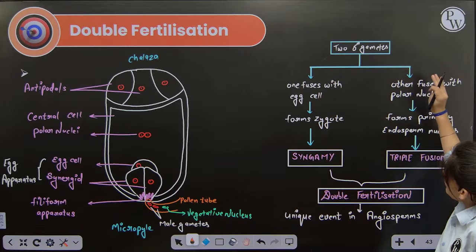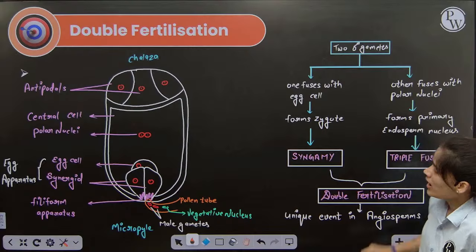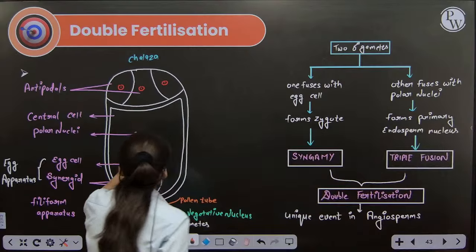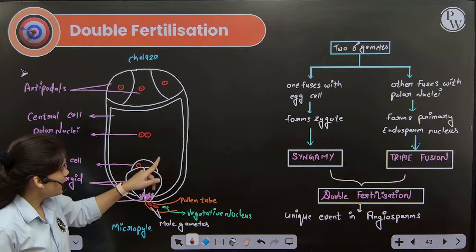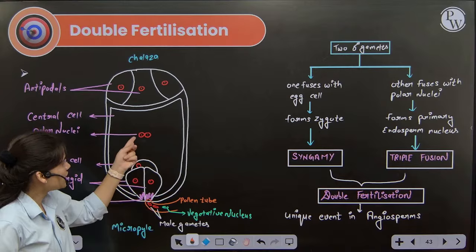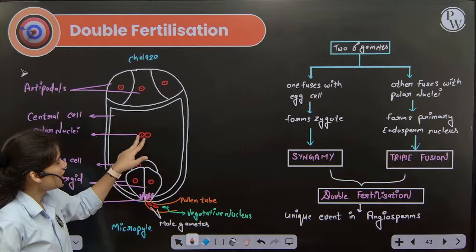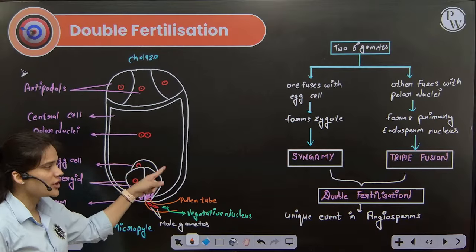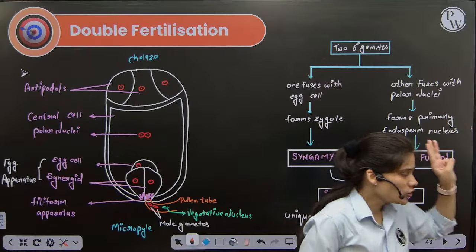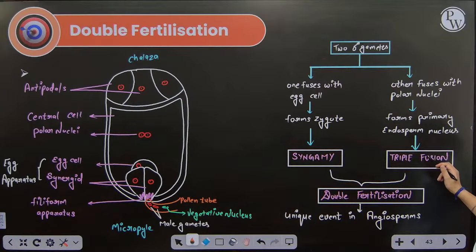Next, another male gamete fuses with the two polar nuclei present in the central cell. They are n, and the other male gamete is also n. So what is going to form? Three nuclei are fused. That's why this fusion is known as triple fusion, and it forms the primary endosperm nucleus.